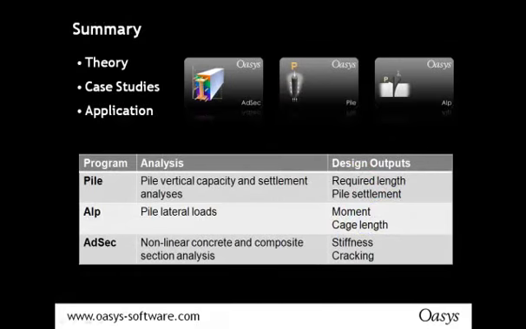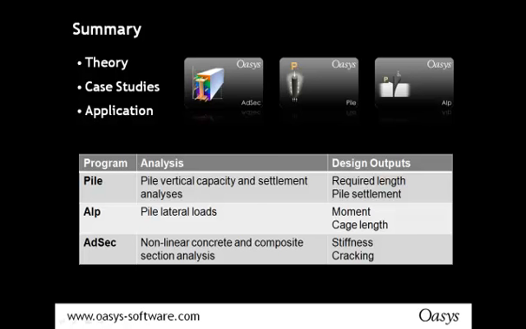So in summary, just to touch upon everything that we've covered, today I've discussed the theory and the application of programs to analyze single piles. We've also shown how it can be applied through case studies and gone into the interface and just introduced you to the different interfaces.